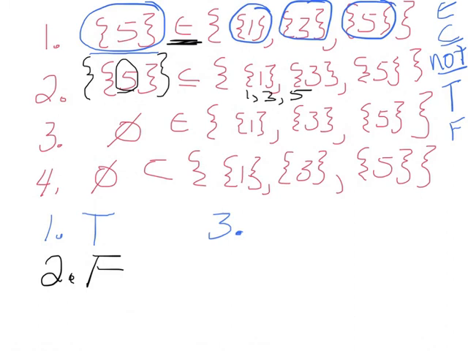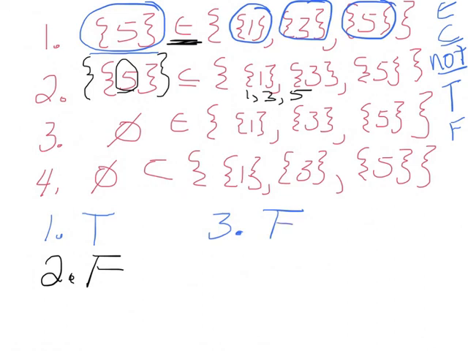Okay? Number 3 says the empty set is an element of the set containing 1, the set containing 3, the set containing 5. And in this case, this is true.